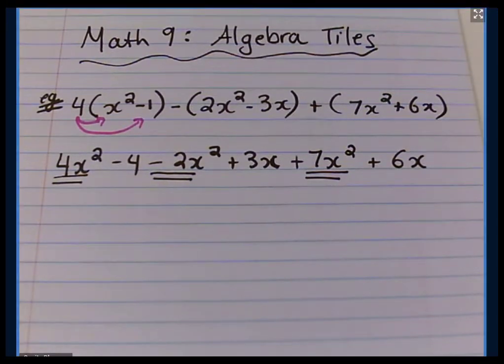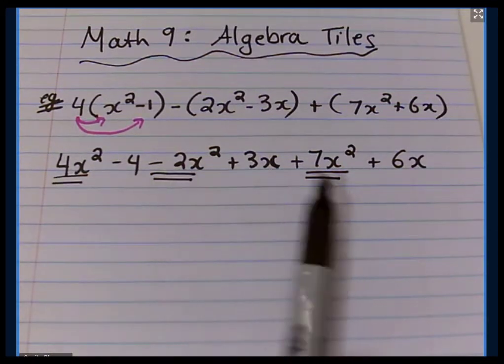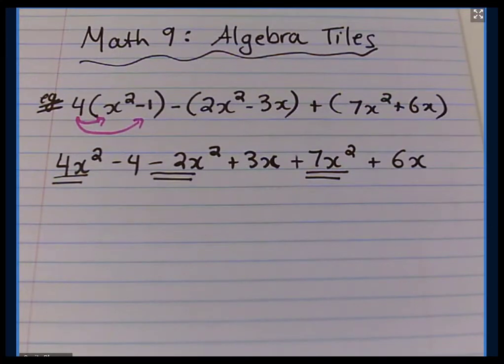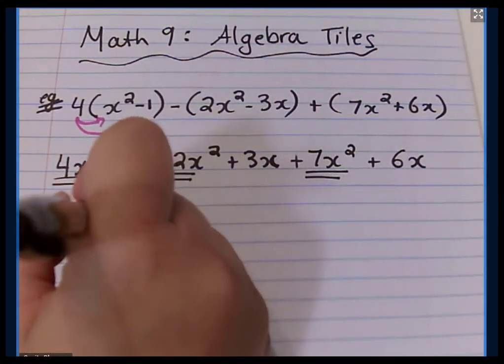You can always use your calculator so you don't mess up with the integers. So it's 4 minus 2 plus 7. I put that in my calculator and I got 9. So that one is 9x squared.